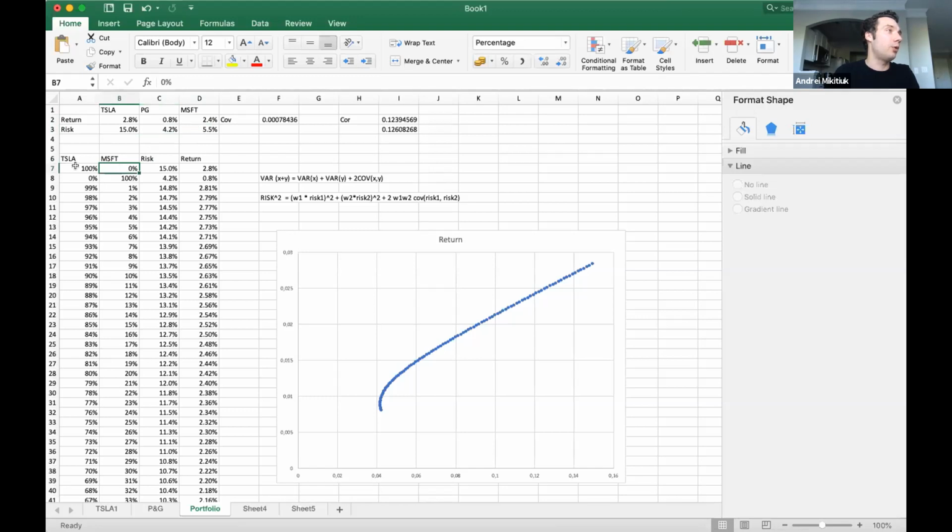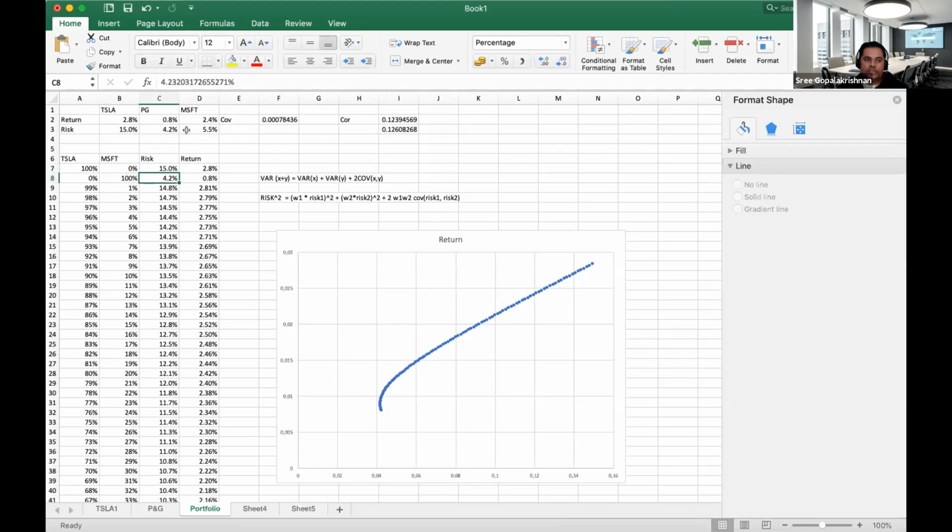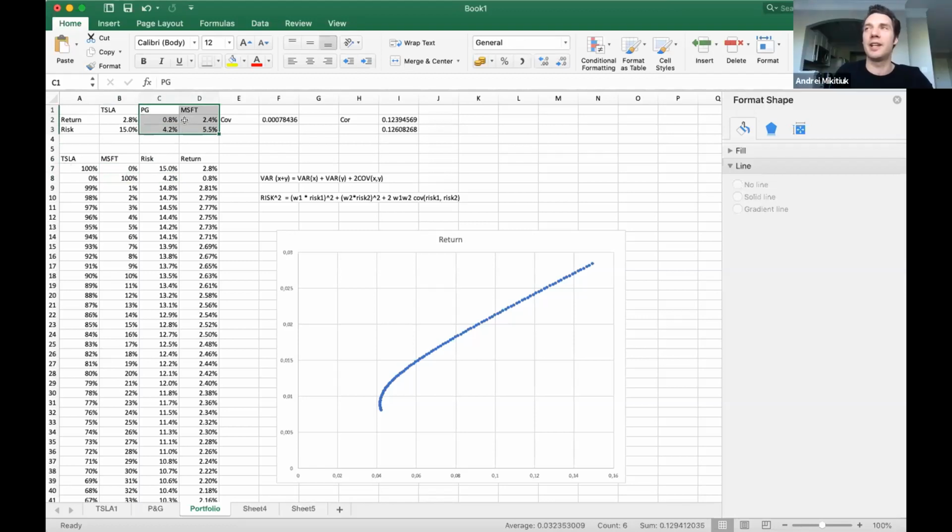So now we have our 100% Microsoft portfolio. You mean similar return but much lower risk? No, similar risk. Procter & Gamble has 4. Oh, you were comparing with Procter & Gamble. Okay, yeah. I will keep Tesla, that's our investment decision.